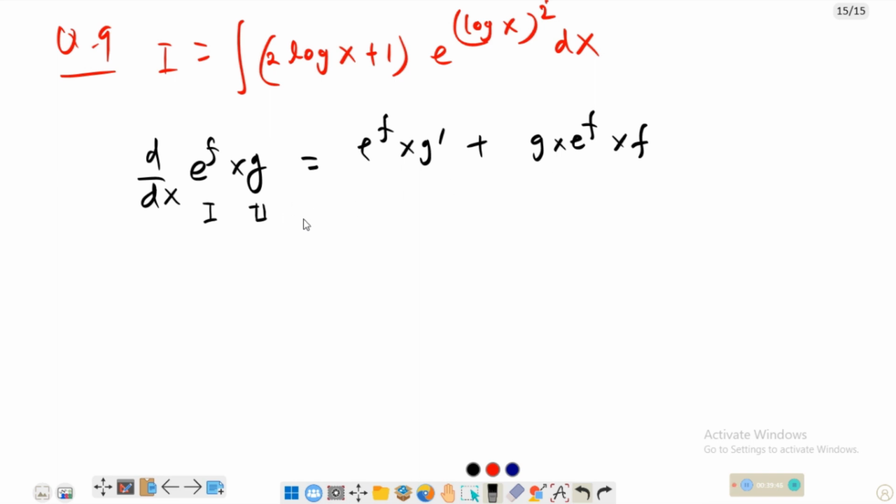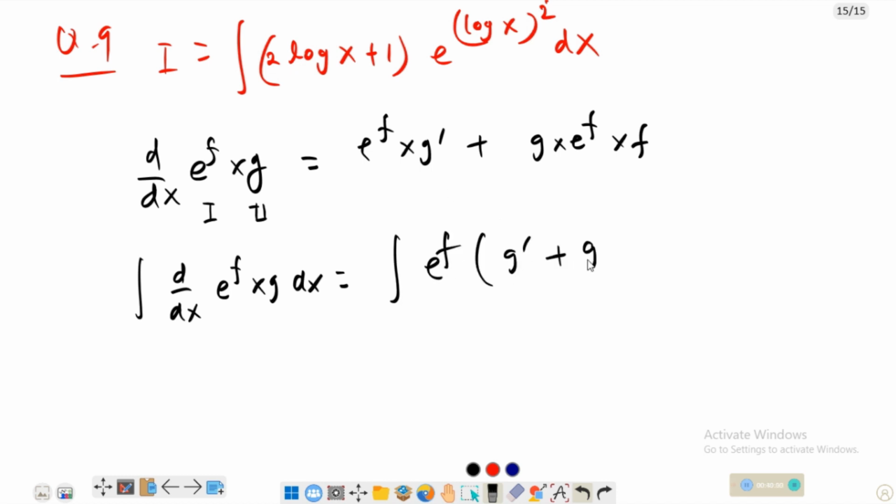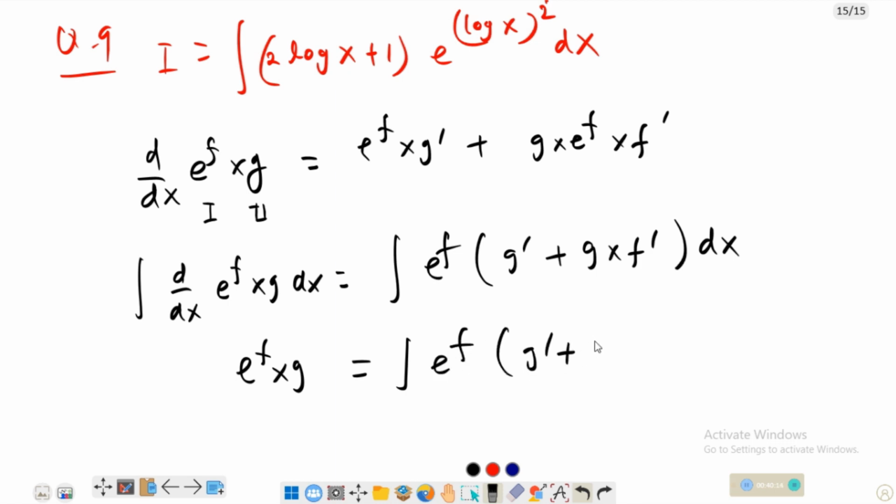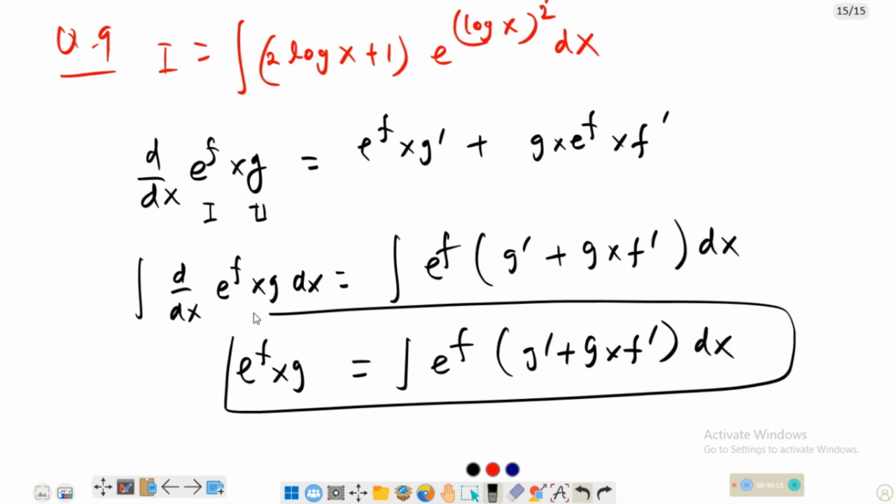If we integrate both sides and take e to the power f common, the integral of e to the power f times (g dash plus g f dash) dx is equal to e to the power f into g.